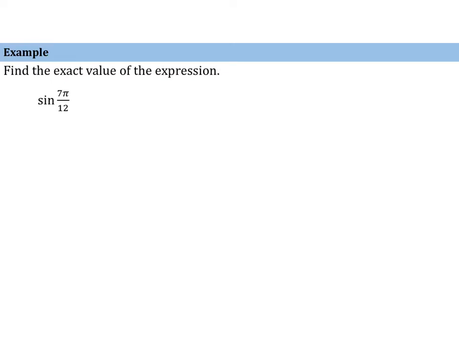So how can we apply these identities? So here we have the sine of 7 pi over 12. Let's first think about 7 pi over 12. It is not one of the angles that we are supposed to know, but can we rewrite it so that it's a sum or a difference of angles that we do know?